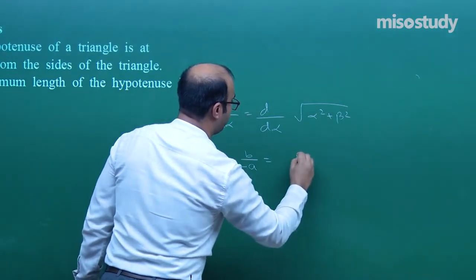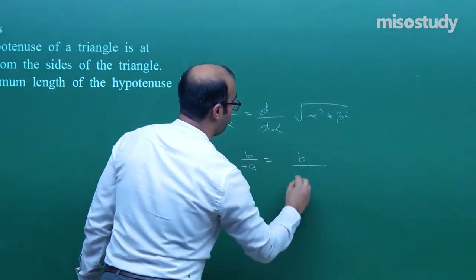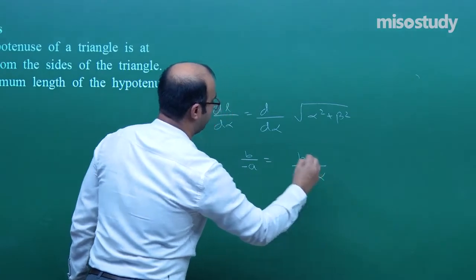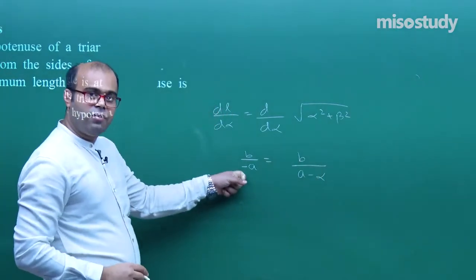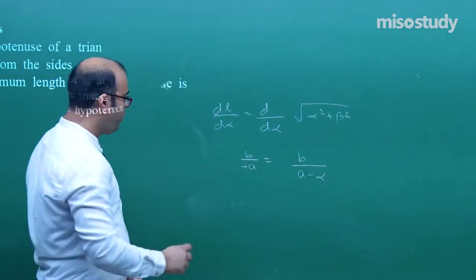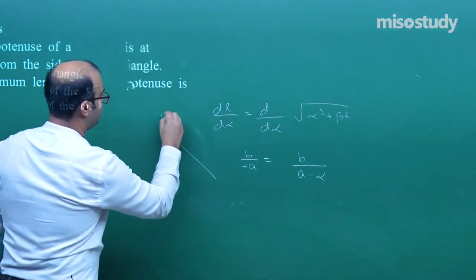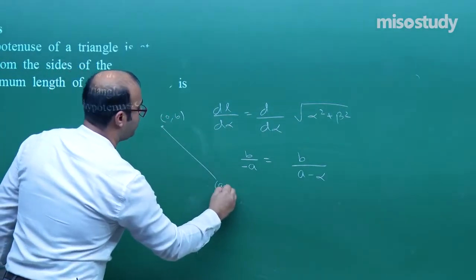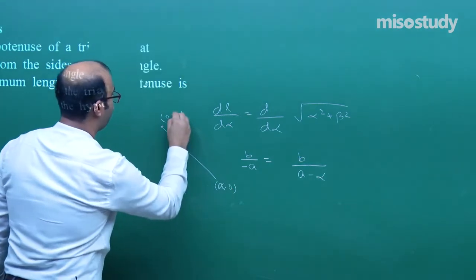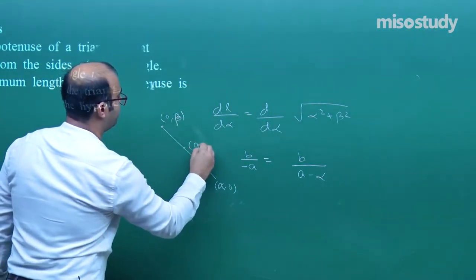The point was a comma b, so b minus 0 by a minus alpha, right? So minus b by a was one way of finding the slope. If you remember, this was the line. This is 0 comma b, this is a comma 0, alpha comma 0, 0 comma beta. This is a comma b.